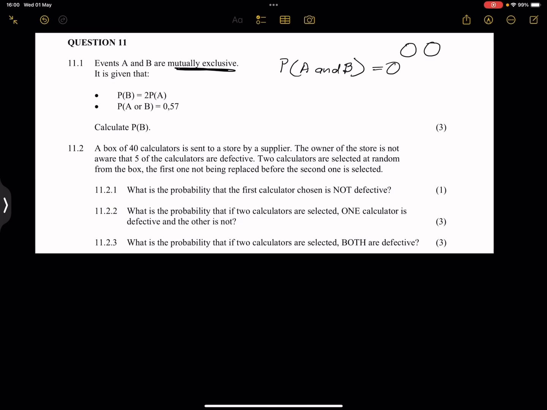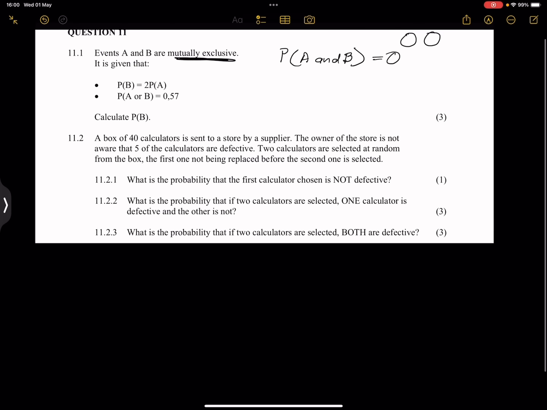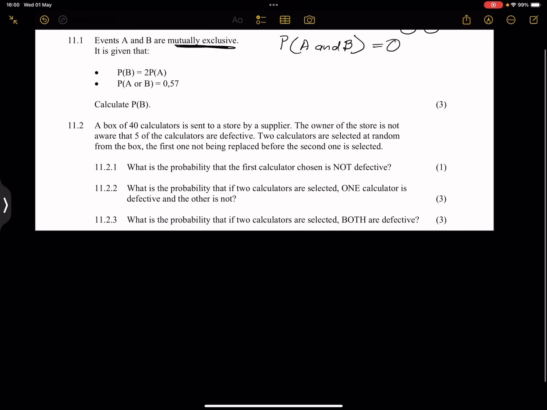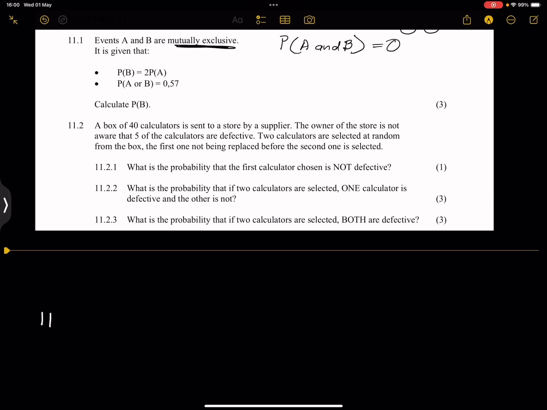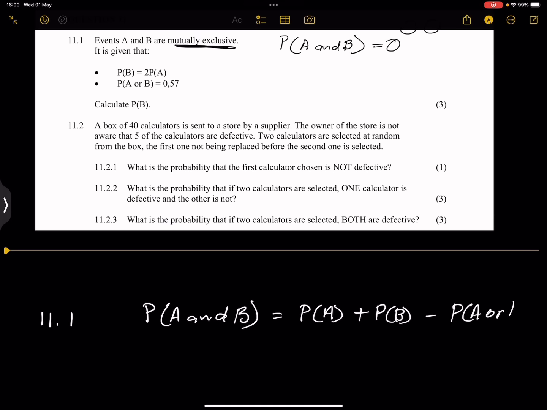So we're going to use the golden rule of calculus here. They say calculate the probability of B. So the probability of A and B, remember the golden rule, is equal to the probability of A plus the probability of B minus the probability of A or B.